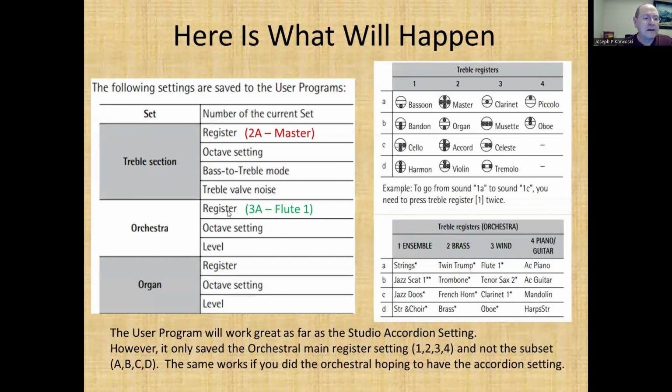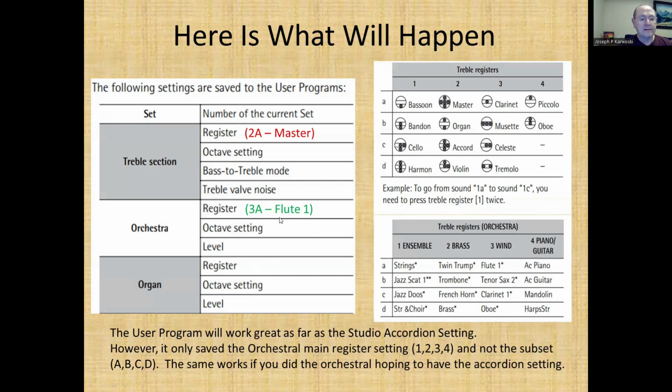Okay, over here, it doesn't save the A, it saves the 3. That's the easiest way I can explain it. It will save the main, but not the subset. Okay, and again, the same thing works if you're going from orchestral.